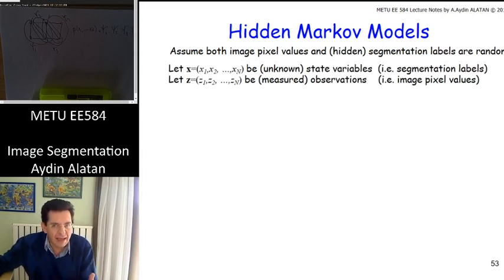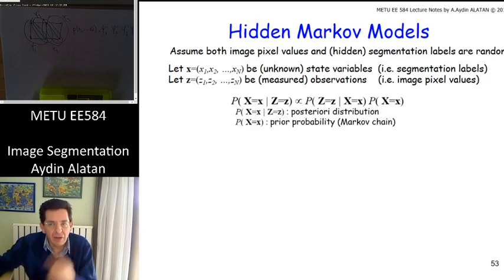Let's assume n pixels, capital N pixels, x1 to x capital N. And that x vector is the unknown state variables, the segmentation labels. And z1 to zN are the measured observations, our gray levels, okay, or colors, whatever, color indices.